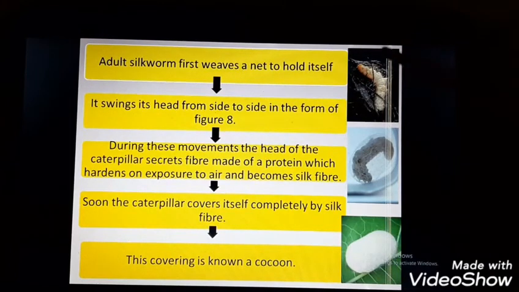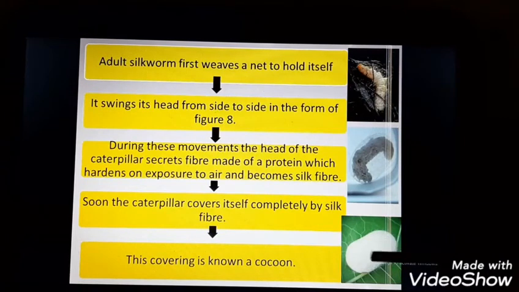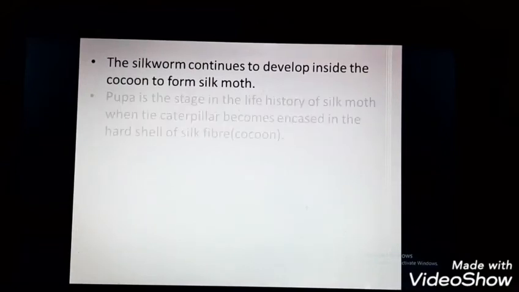So here you can see how this caterpillar has woven a net around itself to protect itself from the environment so that it can easily grow into pupa, and here it is completely covered by the silk fibers. The silkworm continues to develop inside the cocoon to form silk moth.